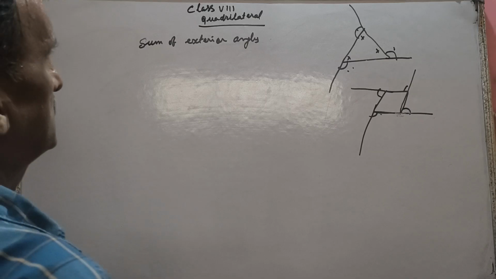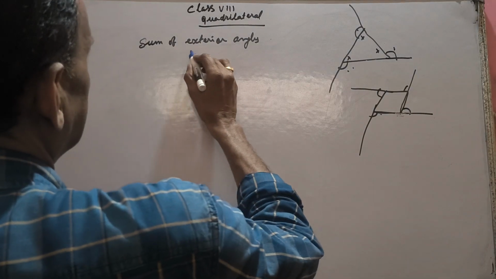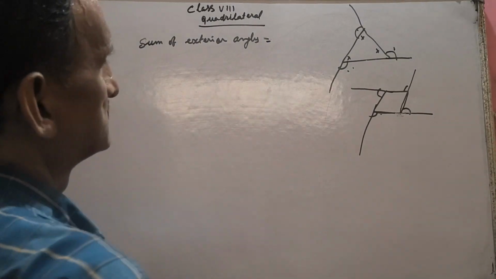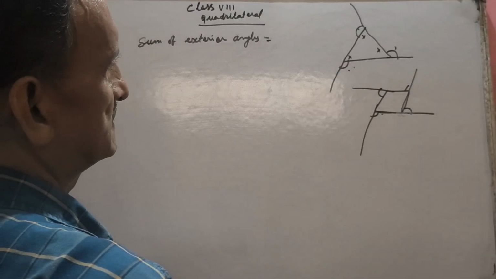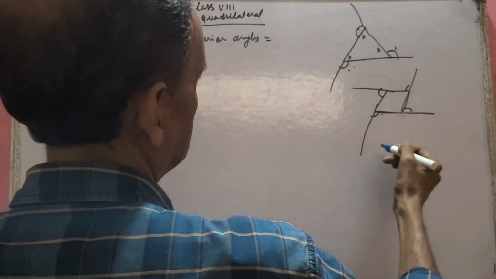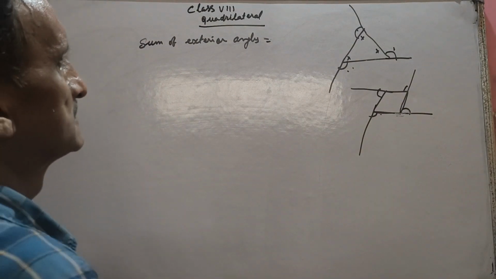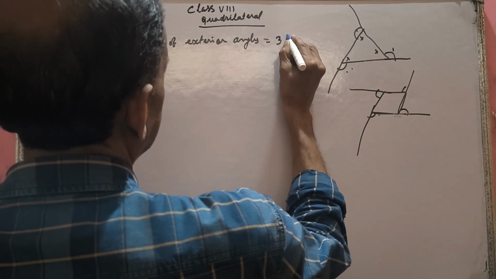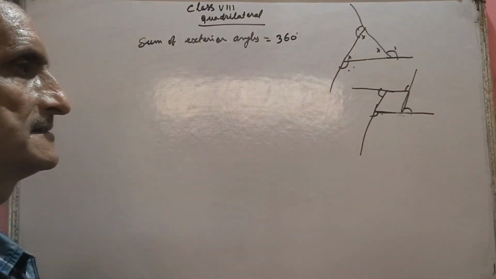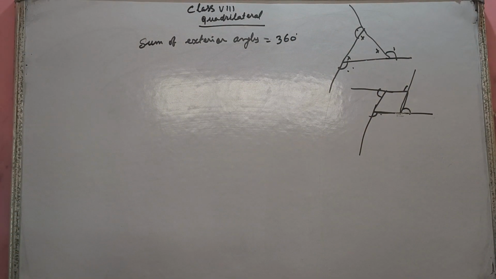And for a polygon, whether it is a triangle, quadrilateral, pentagon or hexagon, for any polygon, the sum of the exterior angles is 360 degrees, 4 right angles always.